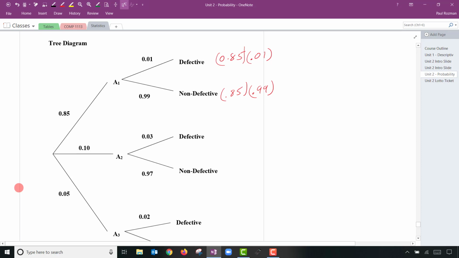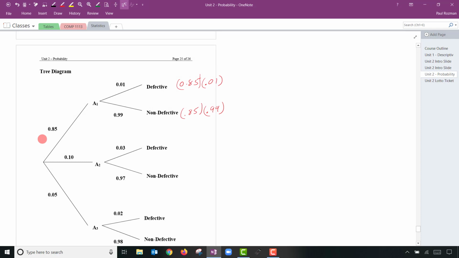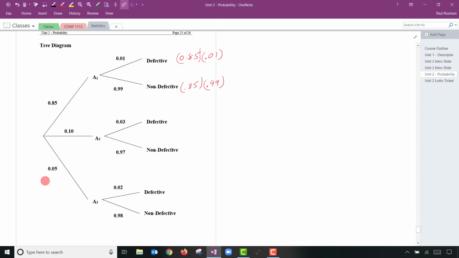What will be interesting, perhaps, is to go the other way. In the problem we just did, it was relatively boring. We reached into a bin of computer chips and we asked what's the probability of it being defective.